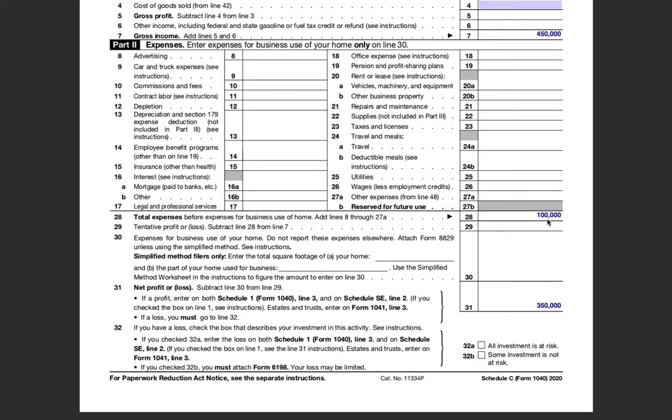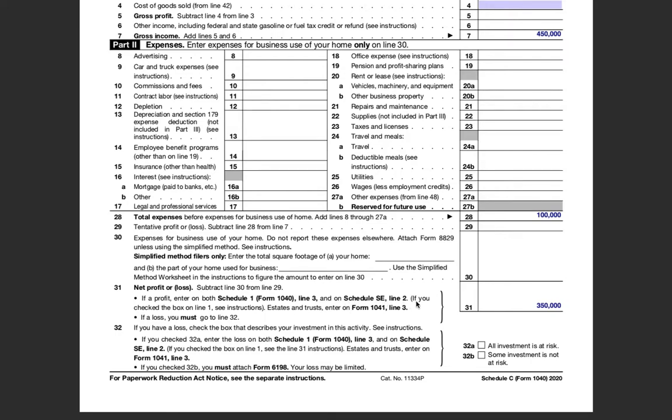Let's just say all the expenses here are $100,000. So your gross income minus the total expenses will give you a net profit. Net profit here, they tell you, is going to go to both Schedule 1, line 3, and Schedule SE, line 2.